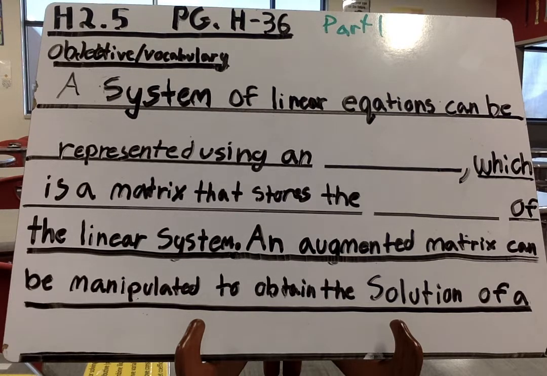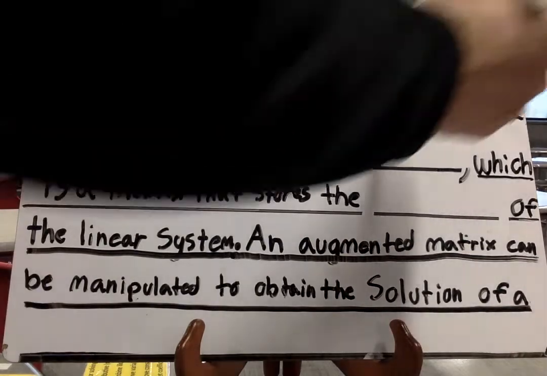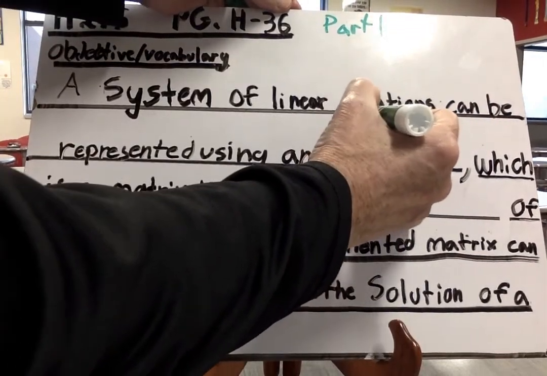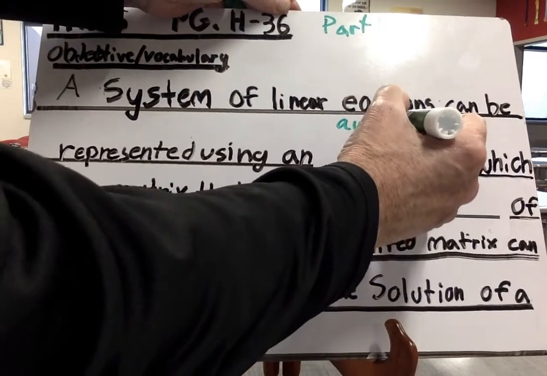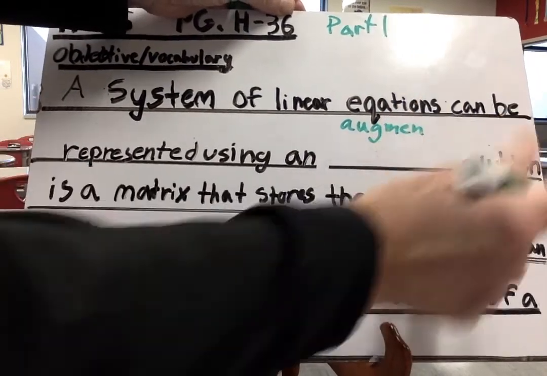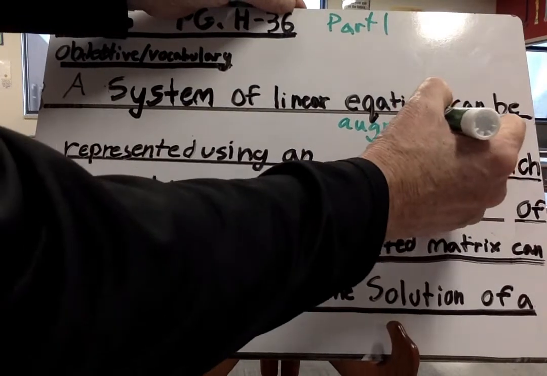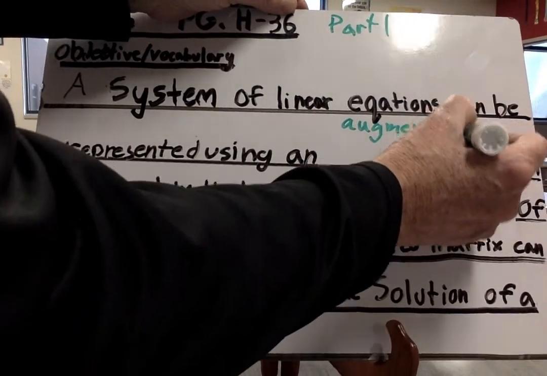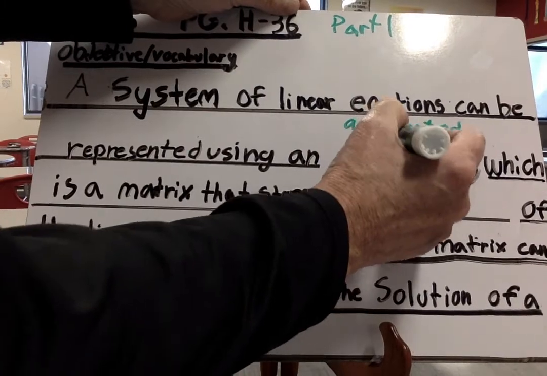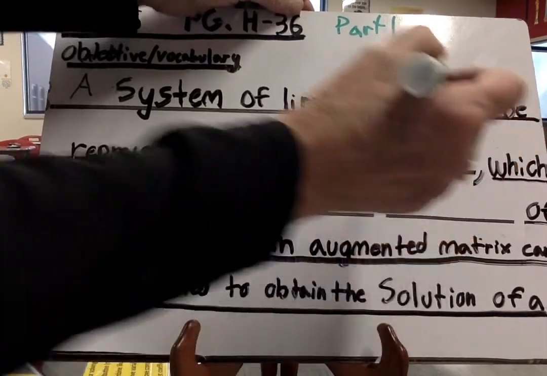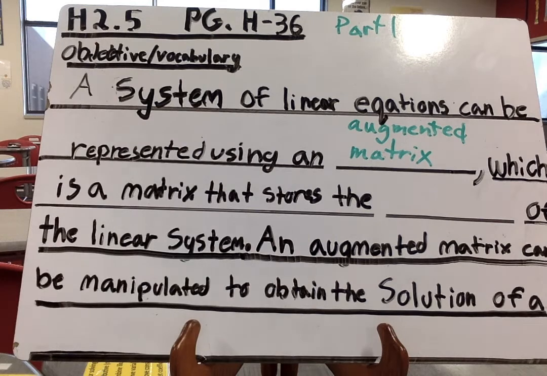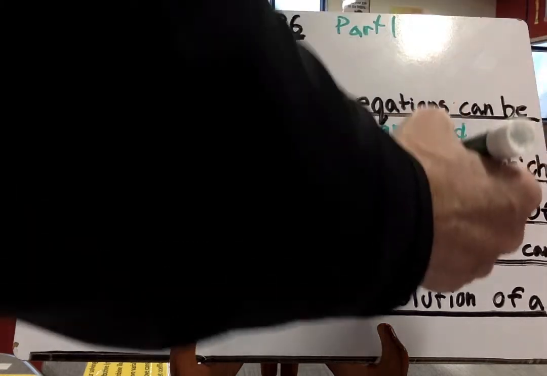A system of linear equations can be represented using an augmented matrix. Augmented, A-U-G-M-E-N-T-E-D matrix, which is a matrix that stores the values of the linear system.